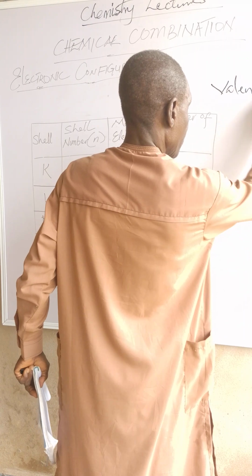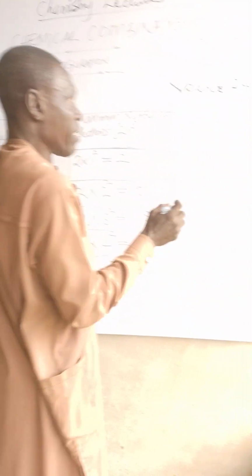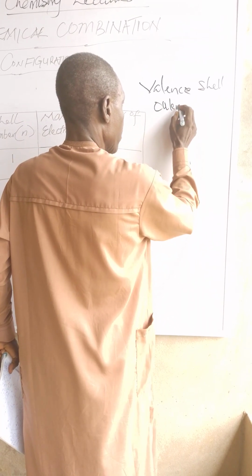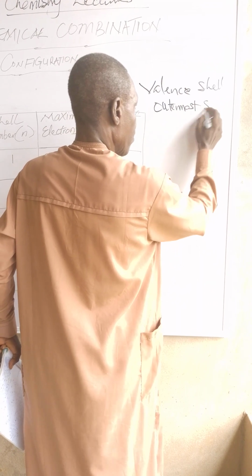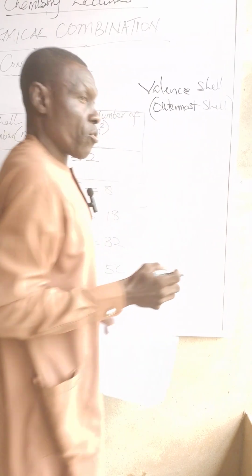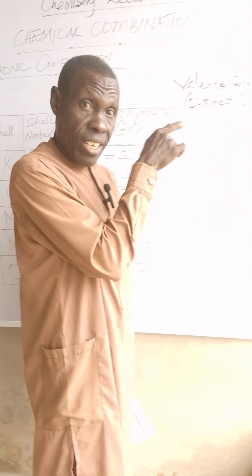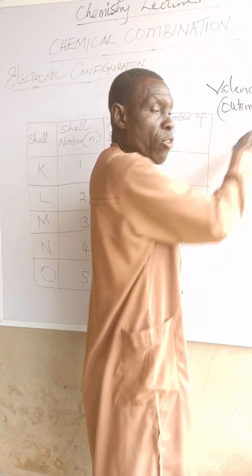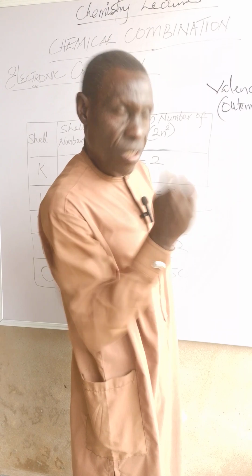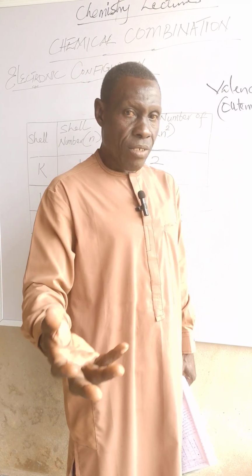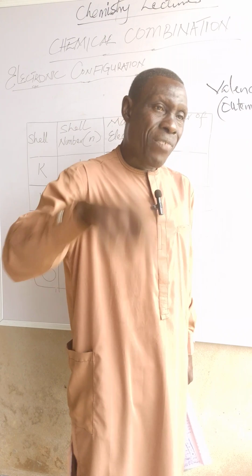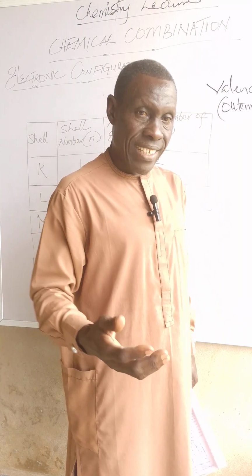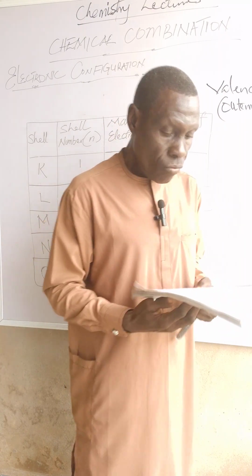So the outermost shell is also called the valence shell. The electrons found on the outermost shell are also called valence electrons. So when you say valence electron, it is telling you that the electrons found in the outermost shell are what you are required to find out. So if it is 2, if it is 3, then you will begin to know. All right.